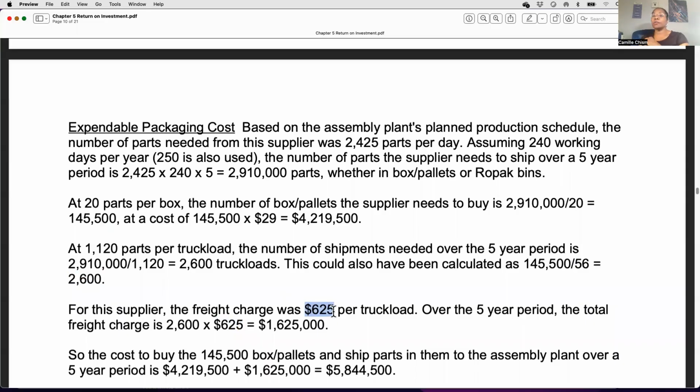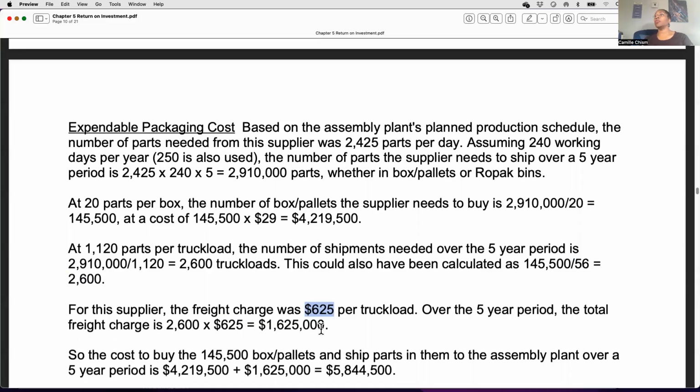We know on this particular example that the truck cost is going to be $625 per truckload. So you multiply it by 2,600, and that's going to give you $1,625,000. So that's your freight charge over the 5-year period.